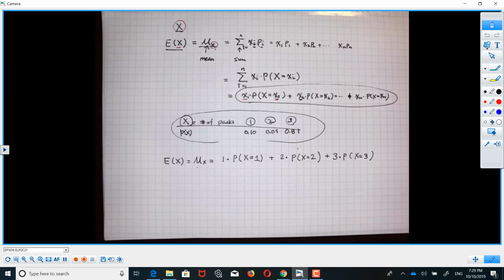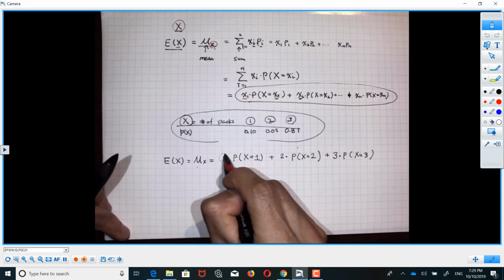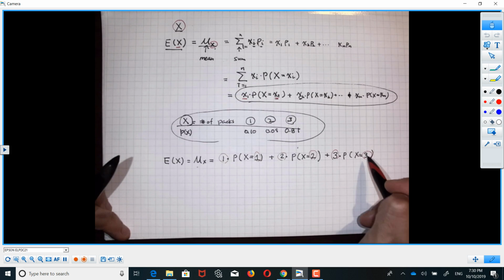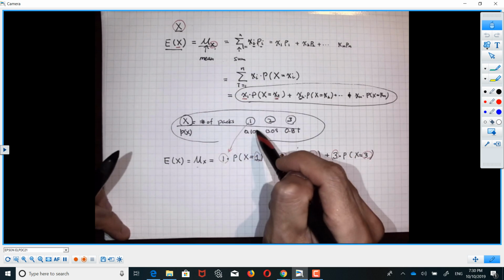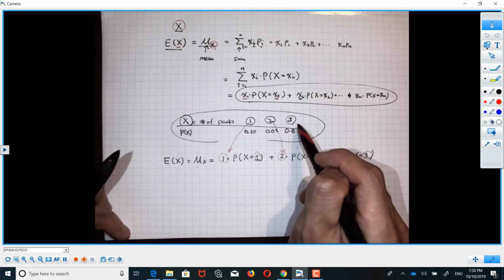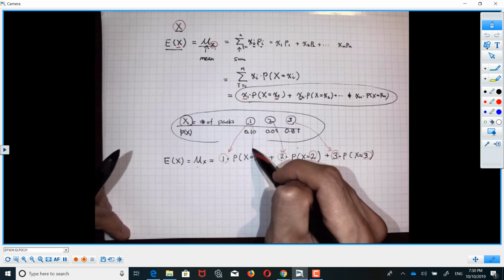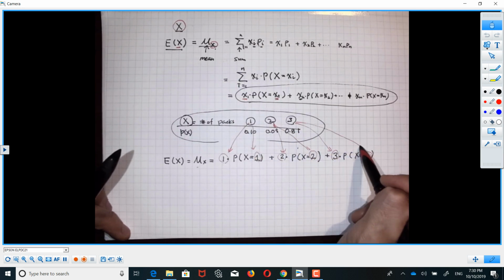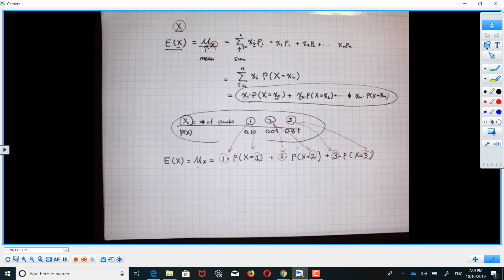So if you look at this problem, 1, 2, 3 come from here.